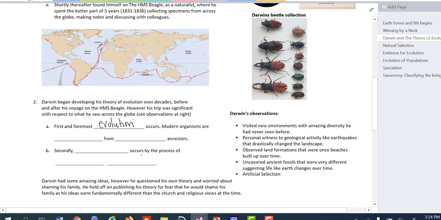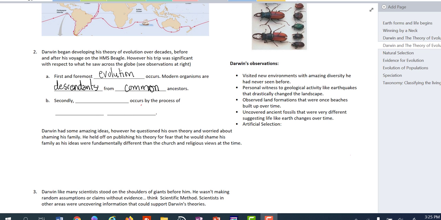And he believed that modern organisms are descendants from common ancestors. So very important. He believes evolution occurs and modern organisms are descended from common ancestors. Secondly, evolution occurs by a process of natural selection.